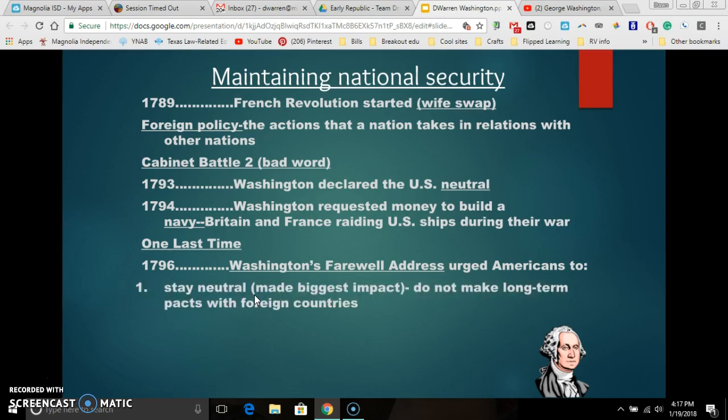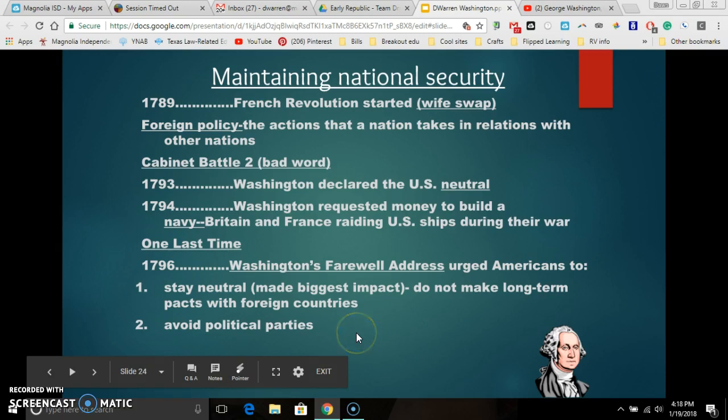In this speech, you will see that he wants everyone to stay neutral. Do not make long-term pacts with foreign countries. Do not hate any too much. Do not love anyone too much. They're going to pull you in to their fights if you do so. The second one is to avoid political parties.